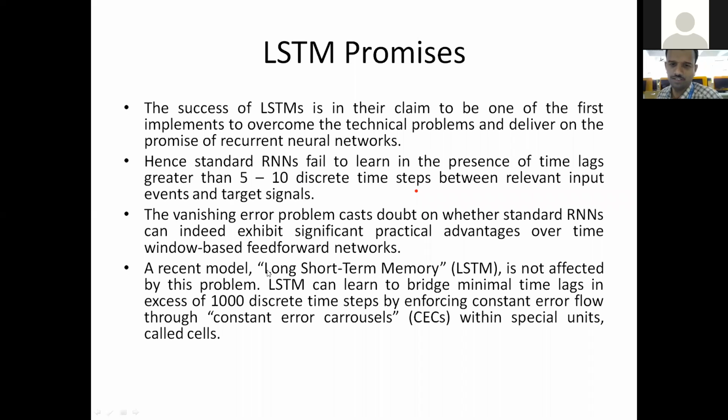A recent model, LSTM, is not affected by this problem. LSTM can learn to bridge minimum time lags in excess of 1,000. So that variation you can see clearly. With 5 to 10 discrete time lags itself the RNN tried to fail, whereas LSTM overcame even 1,000 discrete time steps. There was no error flow.